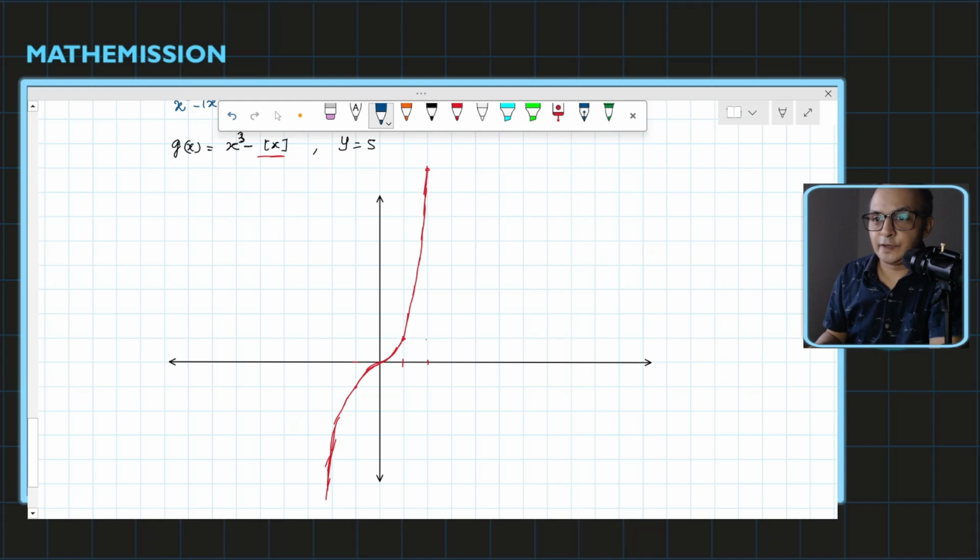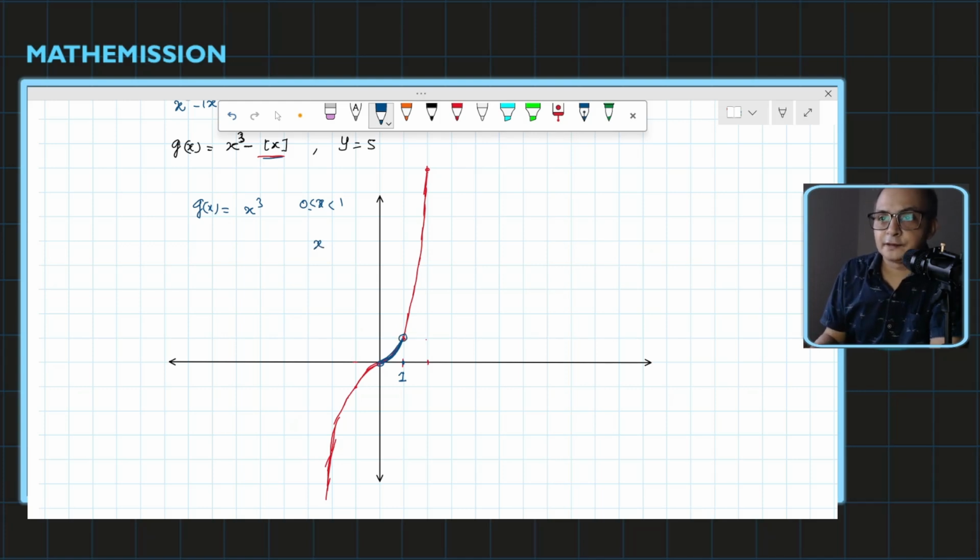Between 0 and 1, [x] becomes 0. So for the function g(x) between 0 and 1, I have to plot only x cube. So I'm just taking this branch, only that part. And at 1, this is blank, so I will just take it blank.